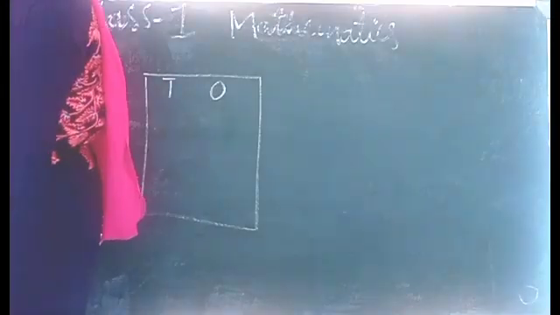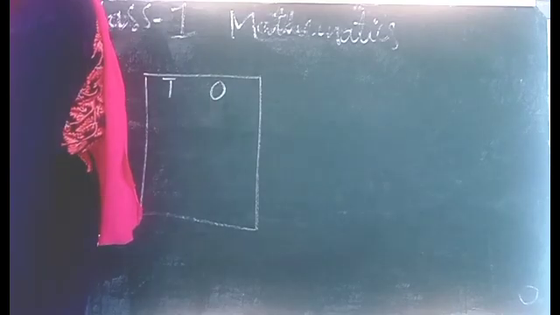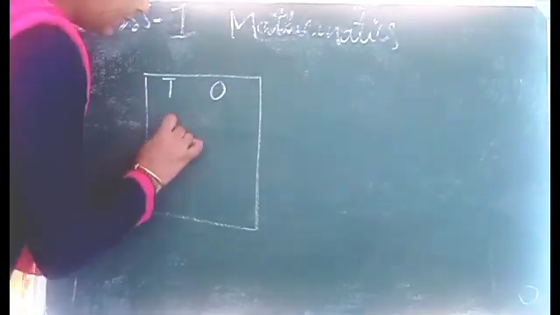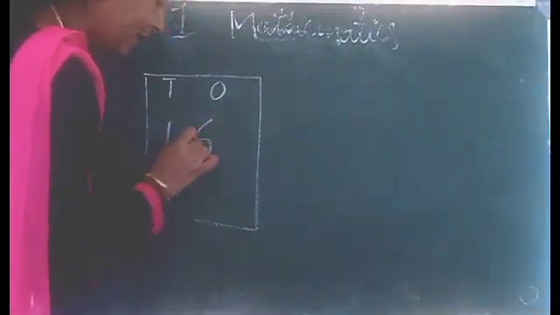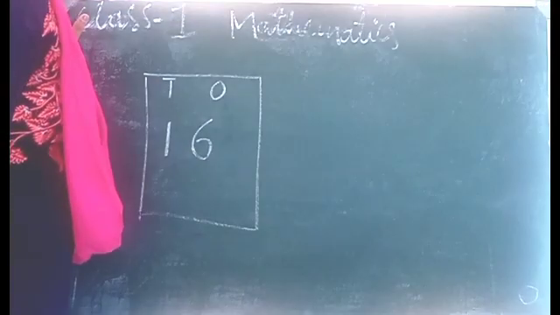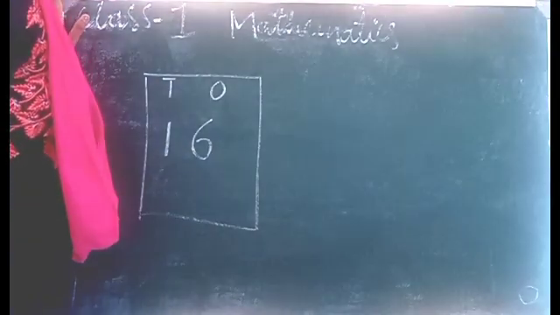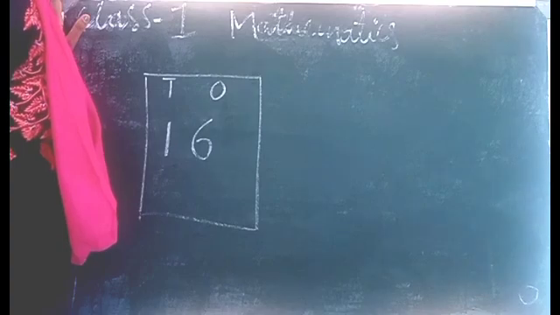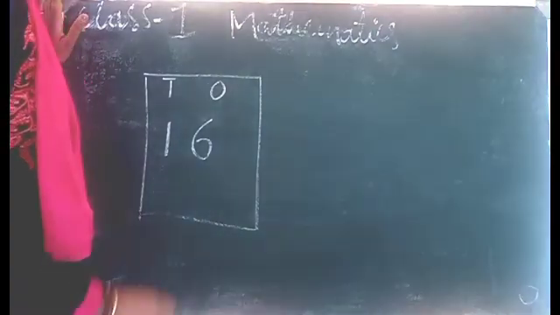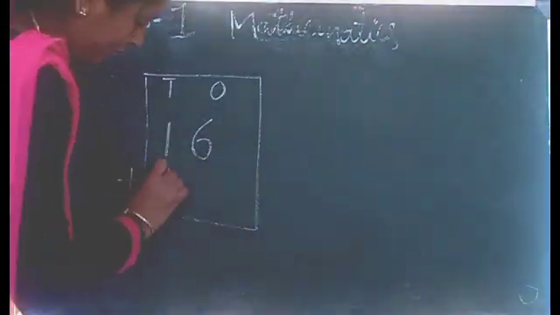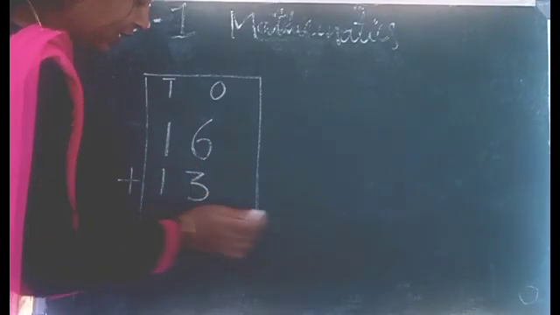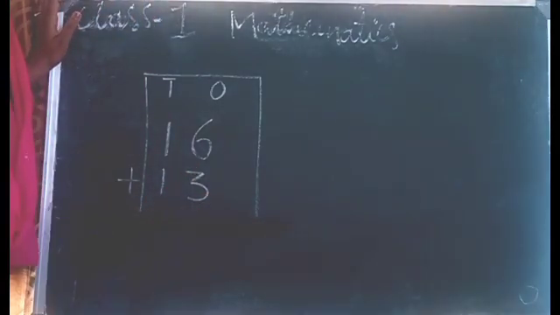Let me solve this problem. Okay, how many blue pens are there with Ravi? 16 blue pens. Is it right? And how many red pens are there with Ravi? 13 red pens are there with Ravi.